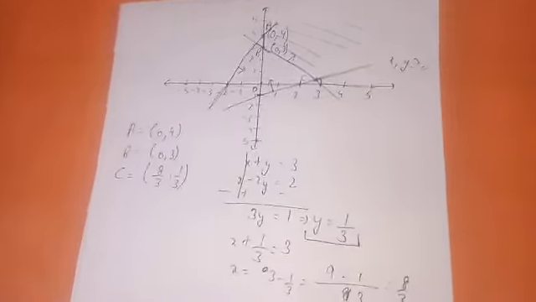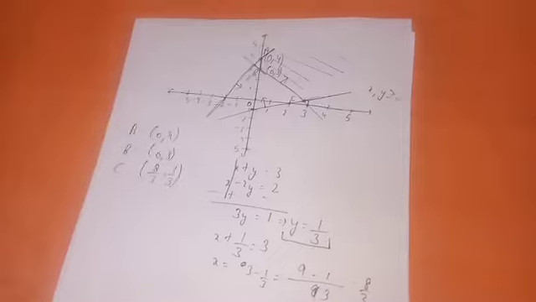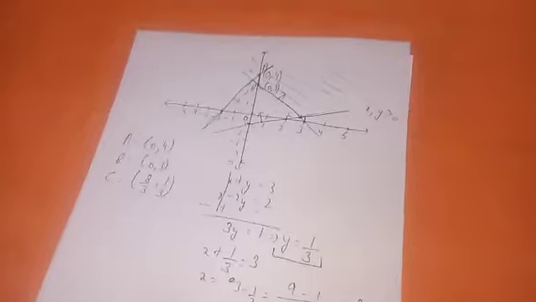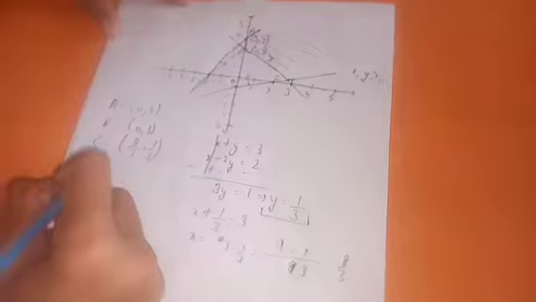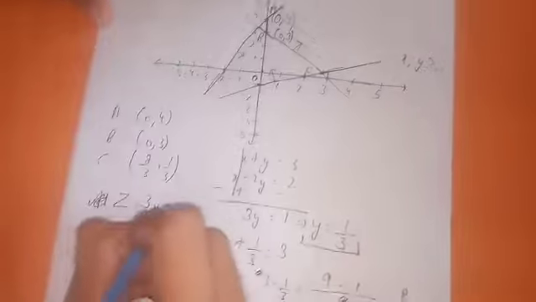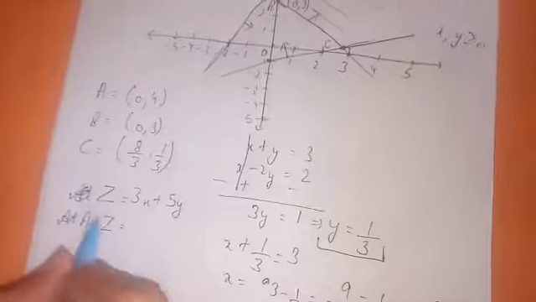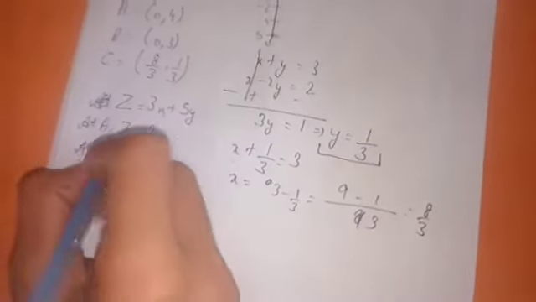Okay, so for that, first of all we will find the values of our objective function, that is z, at these points. First of all, what was our z? Our z was 3x plus 5y. Now at A, z will be what? X coordinate is 0, so it will be 0, and this will be 20. Now at B, z will be what? 15.